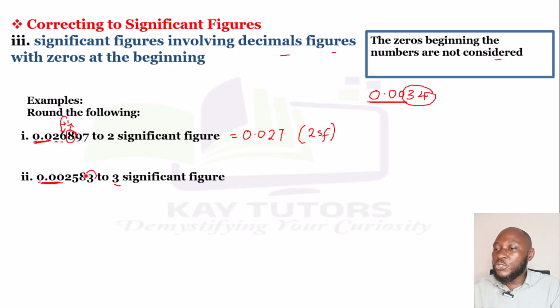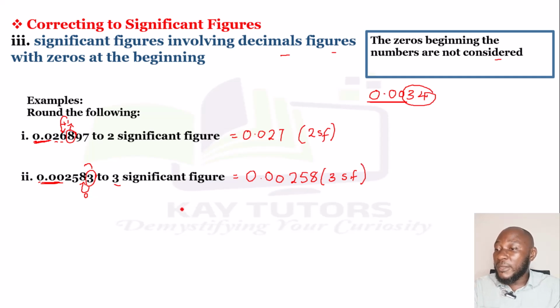So you carry out your judgment on the 4th digit here. This is rounding down to 0. And since that is rounding down to 0, you add your 0 here, and what will be your answer? You have 0.00254. So that is what? 3 significant figures.